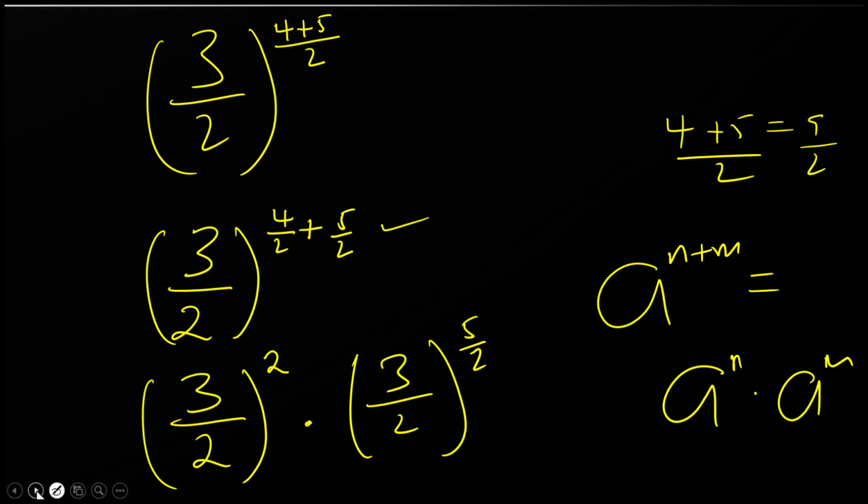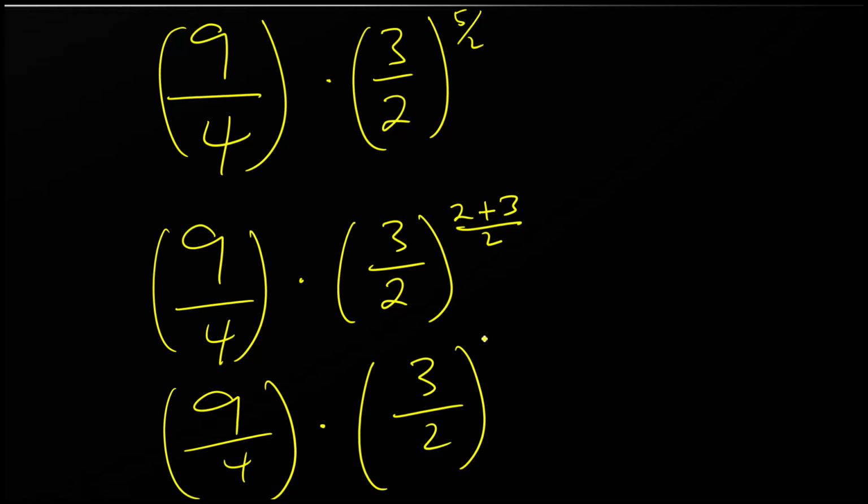Alright, so it will be 2/2 times (3/2) to the power, we have (3/2) to the power 3/2. Okay. Now, remember this side is 1, so this one remains as it is.